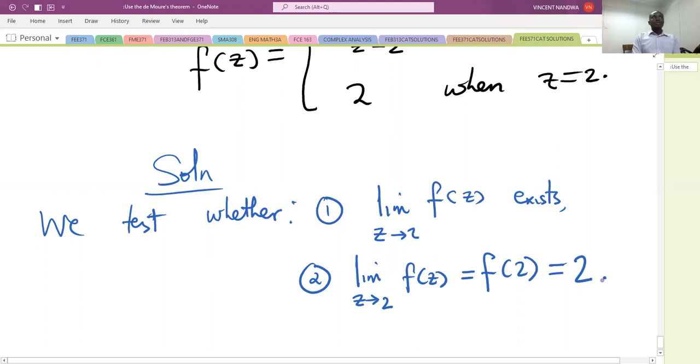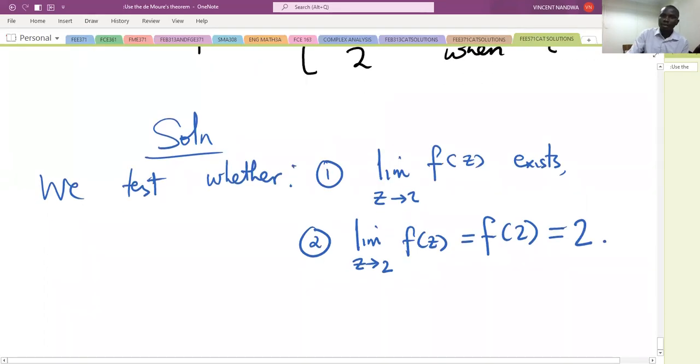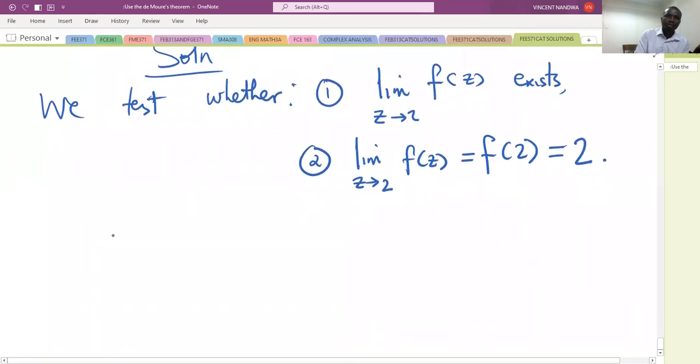So these are the two conditions to test. If we are lucky to find all of them being satisfied, then we say the function is continuous at the point z = 2. So let's start with the first one.